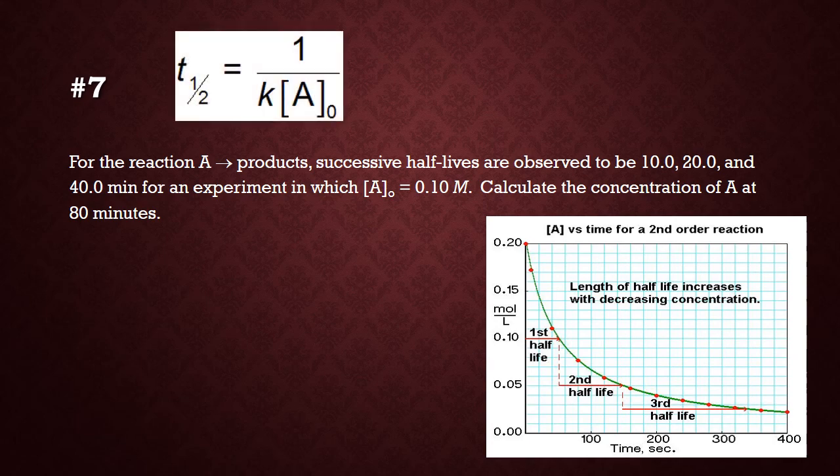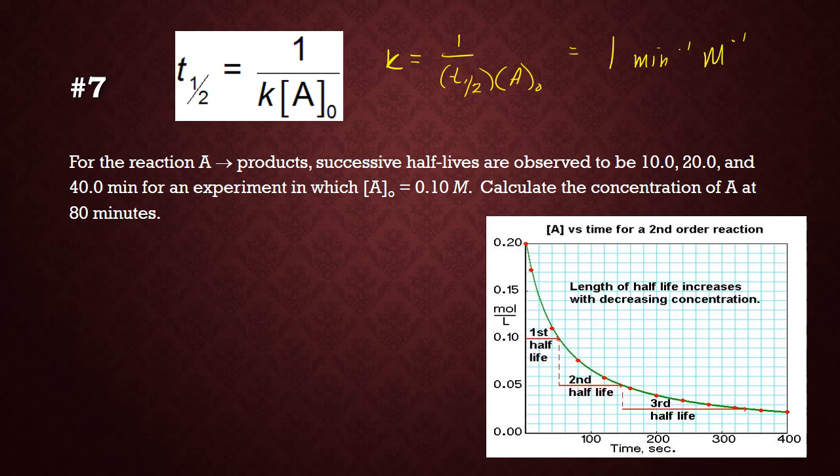So the first thing we're going to need to do is use this equation up here to solve for K. I'm going to rearrange this equation so that K is equal to 1 over the first half-life multiplied by the original concentration. When I plug everything in, we get a K value of 1. And I know I should put units on here, so that's inverse minutes and molarity to the -1.